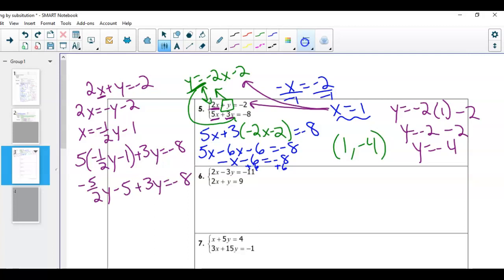So now we need to combine negative 5/2 and 3y. You could just use Desmos. I'm just going to do this really fast. And then you would still need to solve it.